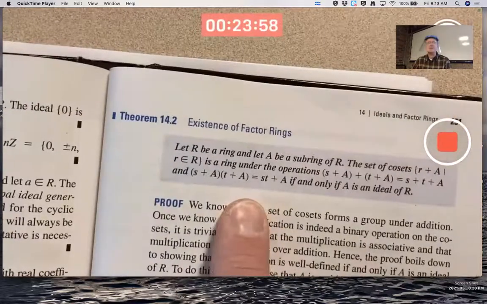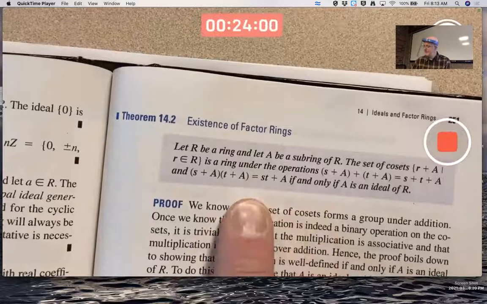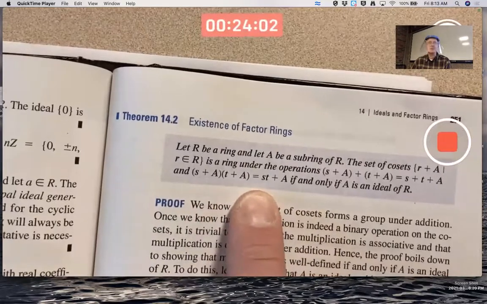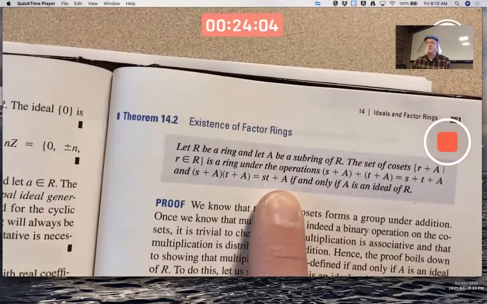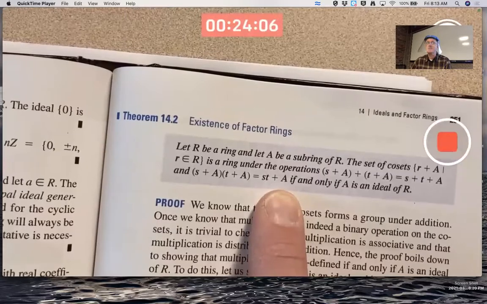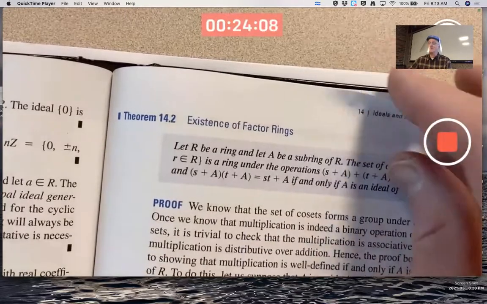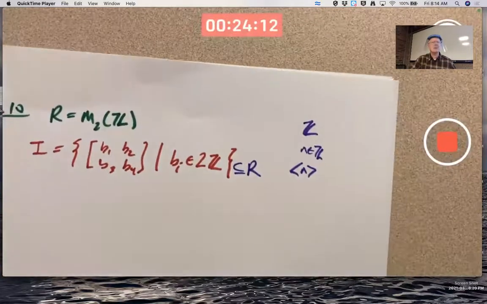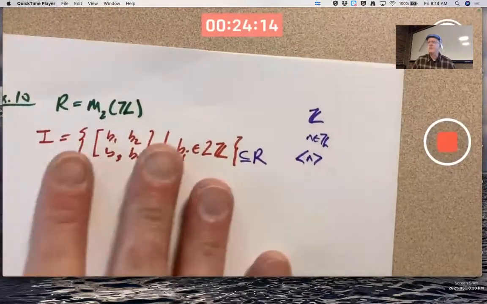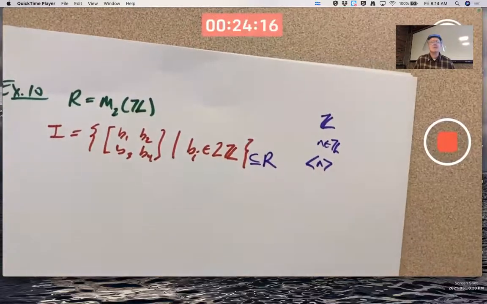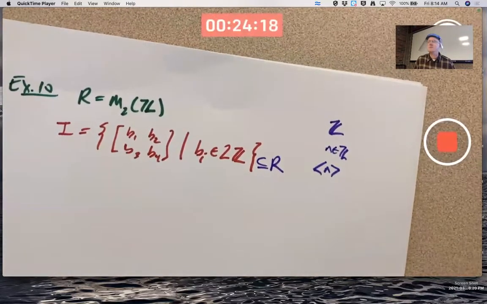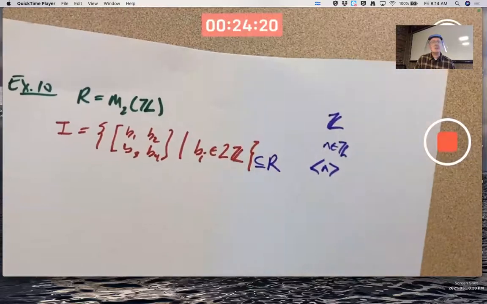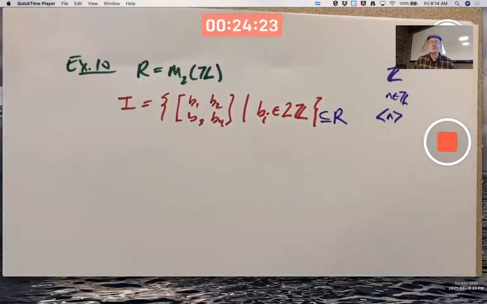That's what the definition of an ideal is for, to make coset multiplication well defined, not just coset addition. Why would even a subring be a normal subgroup of the ring if you only consider addition? That's because the ring is commutative under addition, and in any abelian group, any subgroup is automatically going to be normal.